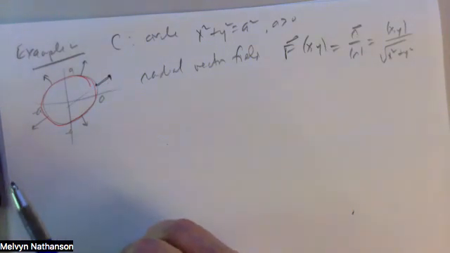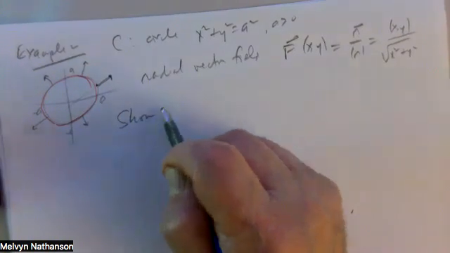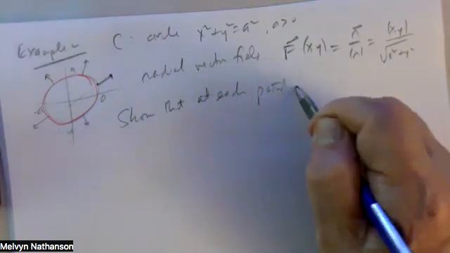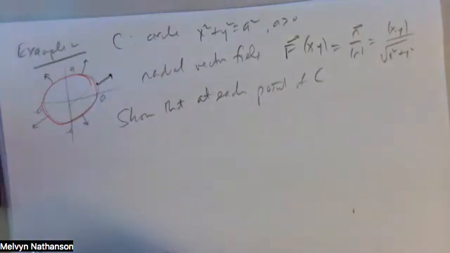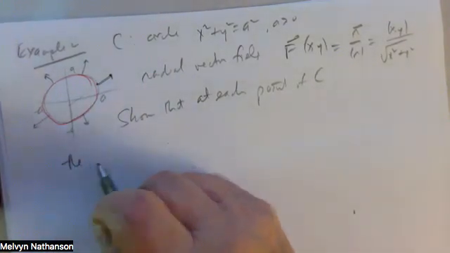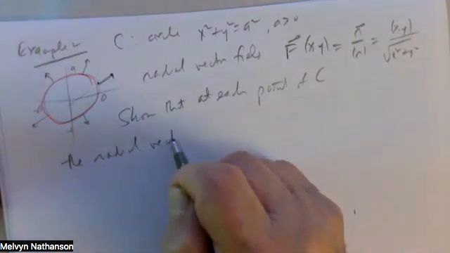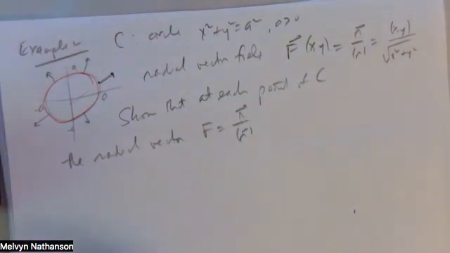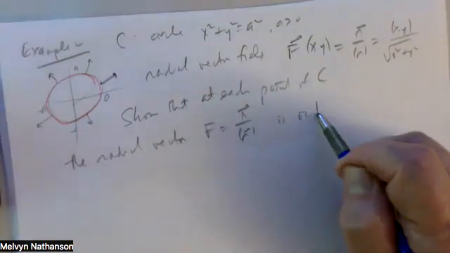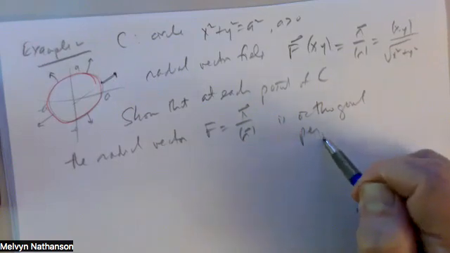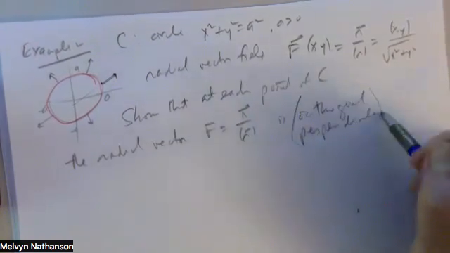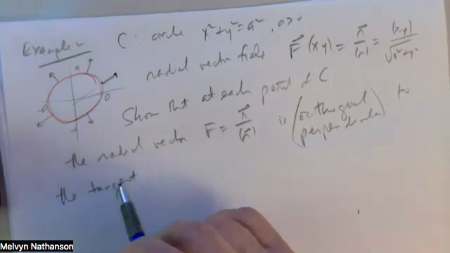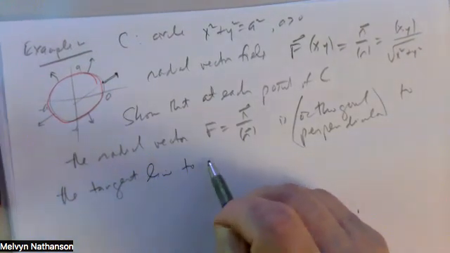And we're asked to show that at each point of C, that means every point on the circle, the radial vector field, which is divided by the length of r, is orthogonal, which means perpendicular, to the tangent line to C at the point.